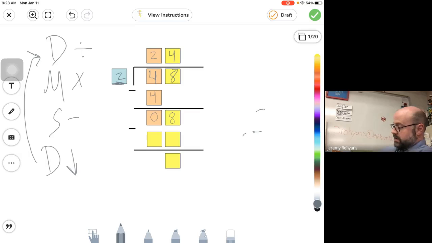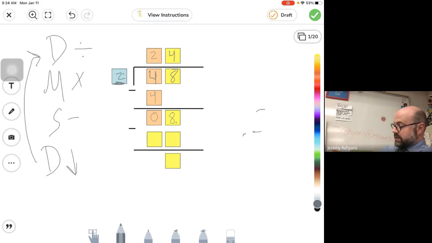Okay. Then I multiply 2 times 4. I do not do 2 times 24. Nope. I do not do that. I don't do 2 times 2 again. I am only worried about the yellow box, the 4 in the yellow box. A lot of confusion I see is when it comes to these numbers up here. We just worry about the yellow box because we're now dealing with the yellow box numbers here at the bottom.